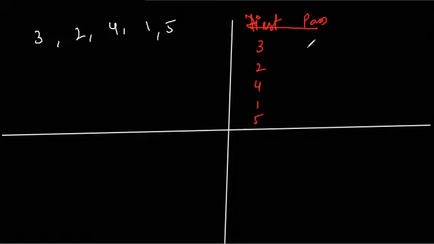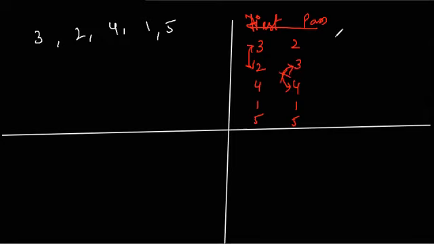That means the smallest element should be placed first. So we compare 3 and 2. Which is the smaller element? 2 is smaller, so it goes up. So we have 2, 3, 4, 1, 5. We have swapped 3 and 2. After that, we check the next two elements, 3 and 4. These are in the correct order, so we keep it as it is. We are not swapping over here.